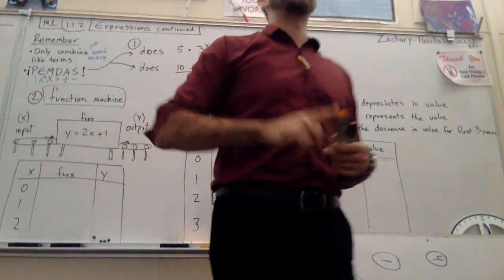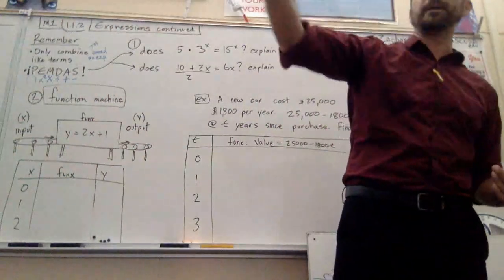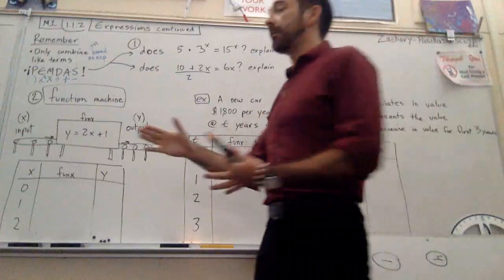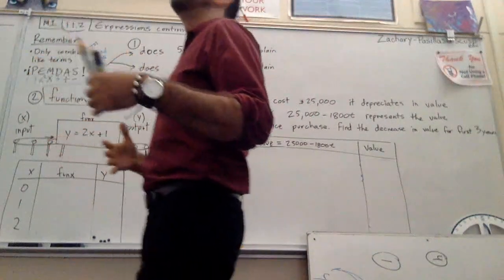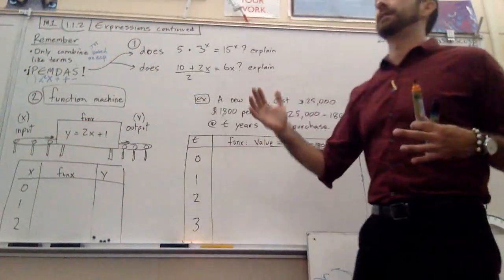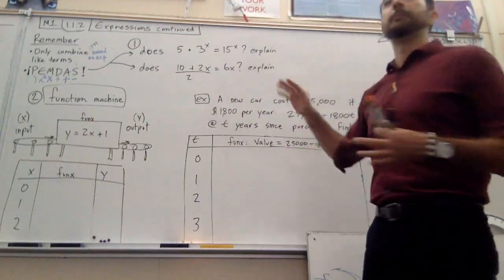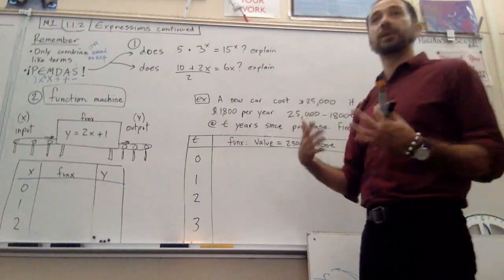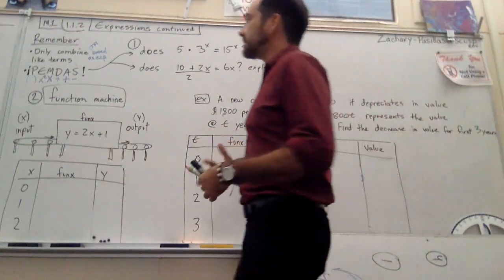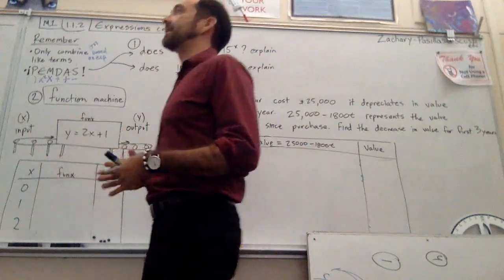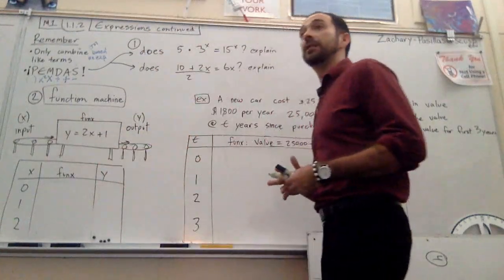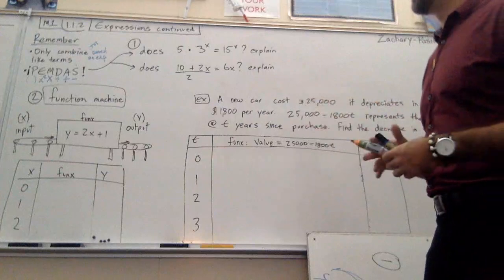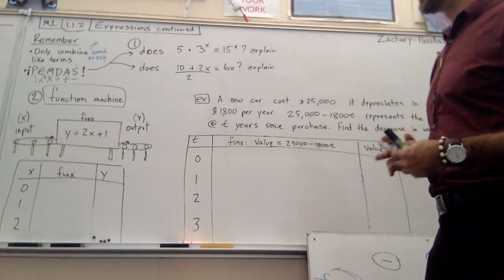Now, if you had a bunch of terms in a row and they're all multiplied together, you would just do them from left to right, just like you read. Western academia is reading left to right, and math follows that same kind of Western tradition. So if you're ever confused, just default back to how you read, left to right, ascending order as well for our variables.